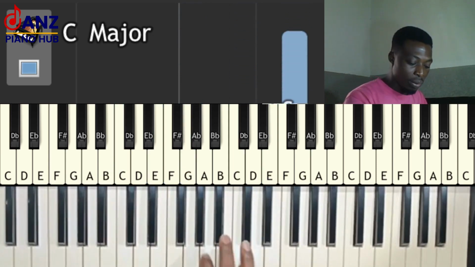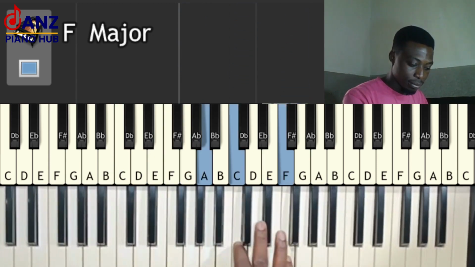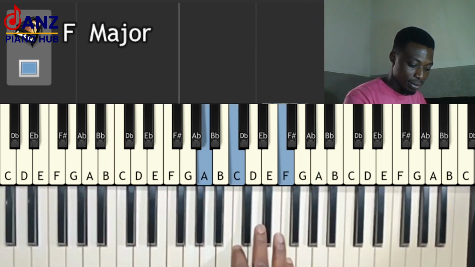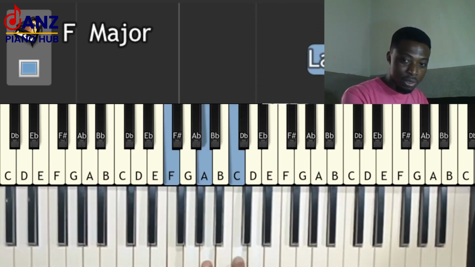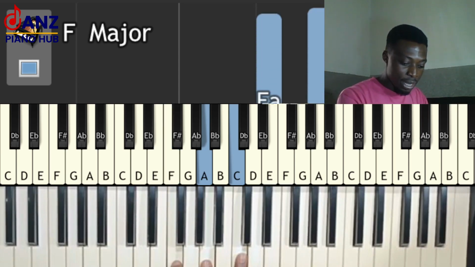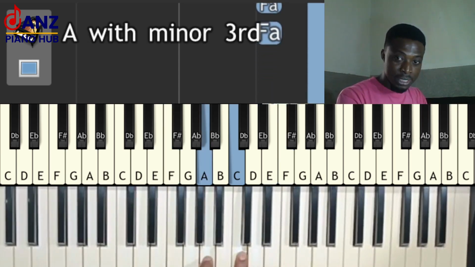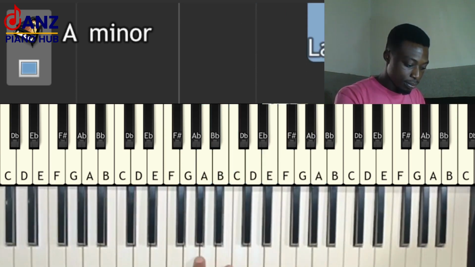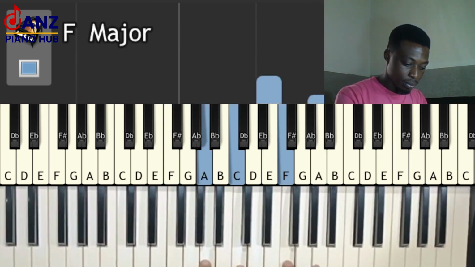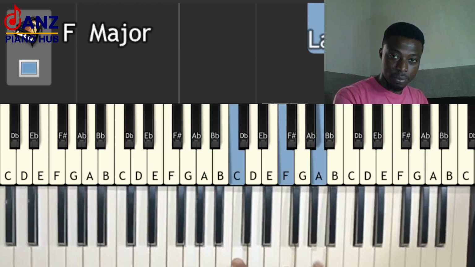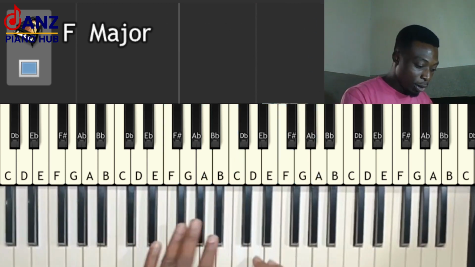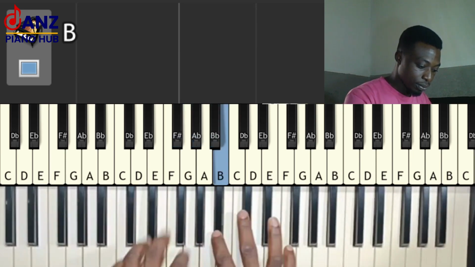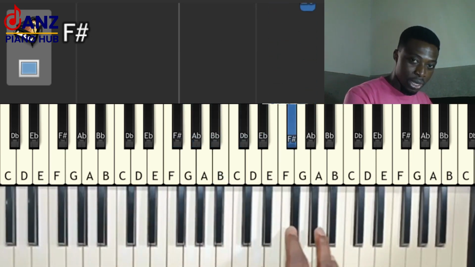The same thing goes for our F. What I'm simply doing is taking the note up. This is F, I take it up. This is our A, I take it up. F major. Or even if we come to our F sharp, for example, we get our scale.